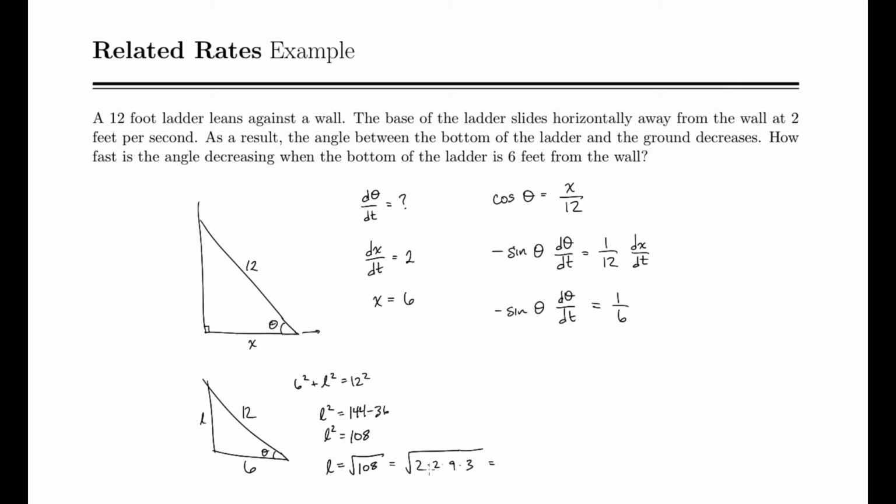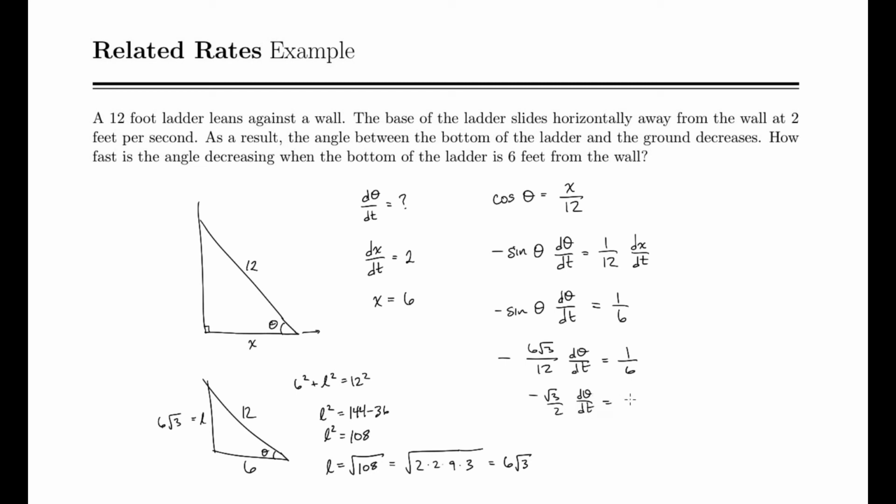So we can pull out a 2, and then the square root of 9, which is 3, so that's 6 root 3. All right, so that's this opposite side. And so now, negative sine of theta, well, that's negative opposite over hypotenuse. So 6 root 3 over 12. And we can simplify that, of course. That's negative root 3 over 2.